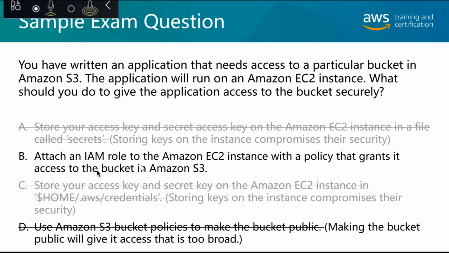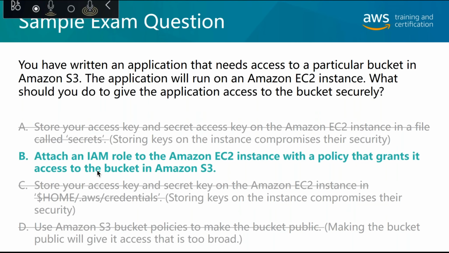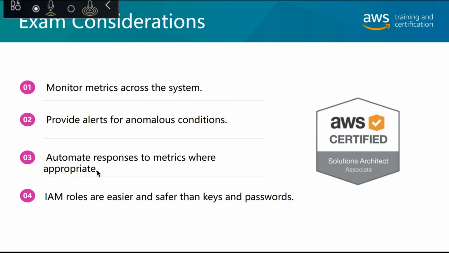So attach an IAM role to the EC2 instance with a policy that grants access to the bucket in S3. That's always the best answer. So monitor metrics across the system, provide alerts, automate the responses to metrics, and IAM roles are safer than keys and passwords. Always consider that.